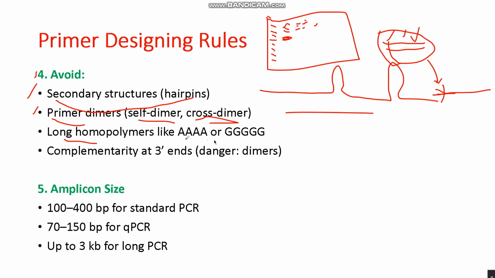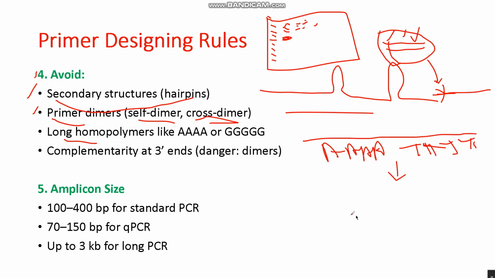Long homopolymers like AAAs, if AAAs are present, or like TTs are present in your primer nucleotides, then the chances to attach with each other increase. Okay? Like this. So they can attach with T, this, so this will occur.